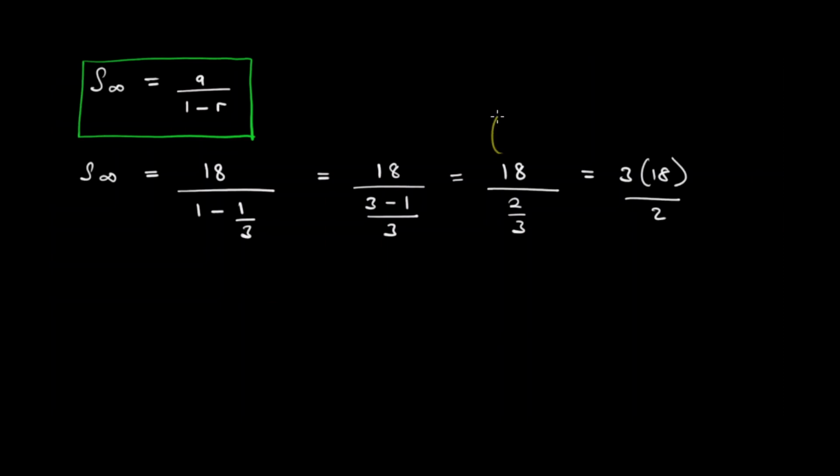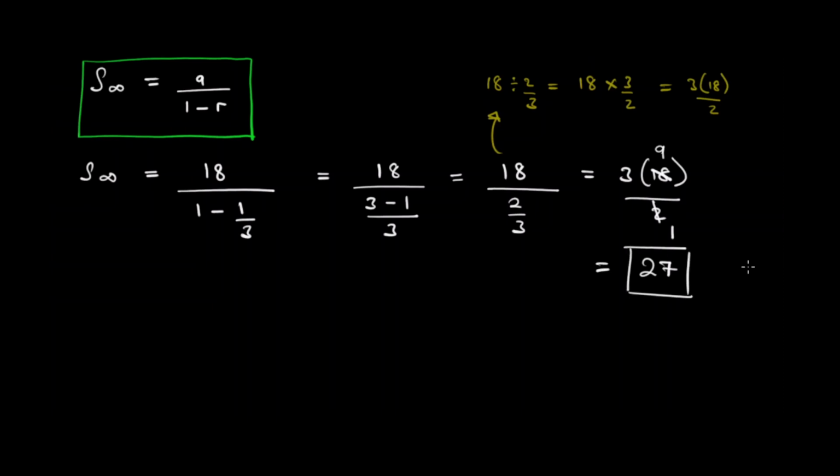Because 18 dividing 2/3 is 18 times 3/2, hence 3 times 18/2. Evaluating, 2 into 18 is 9, and 9, 18, 27. So our sum to infinity is going to be 27.